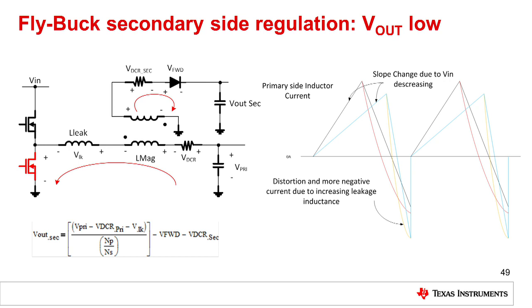Your secondary output voltage will be somewhat lower than designed, due to all of these voltage drops and the way they add and subtract. The equation at the bottom of the slide indicates how you can estimate what your output voltage will be under these conditions. The other thing to notice is that the leakage inductance of this transformer will cause a very large distortion in the current on the primary side. It'll cause it to look quite a bit different than that for an ordinary buck regulator.